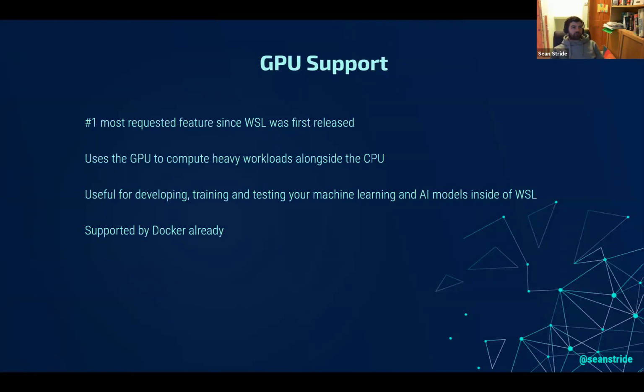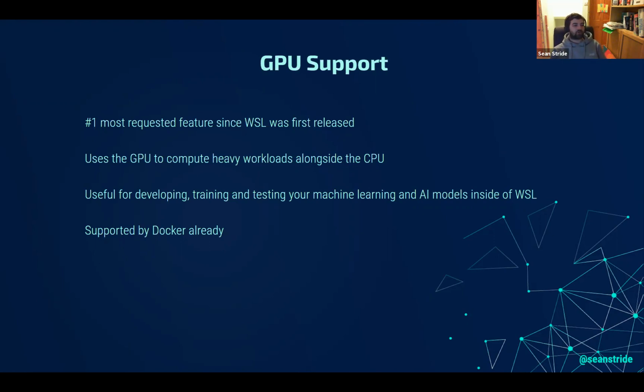So, GPU support. This again dropped and got huge fanfare on Twitter and other places, because it's been the number one most requested feature since WSL was first released. This allows you to use your graphics card, your GPU, to compute heavy workloads as well as the CPU.